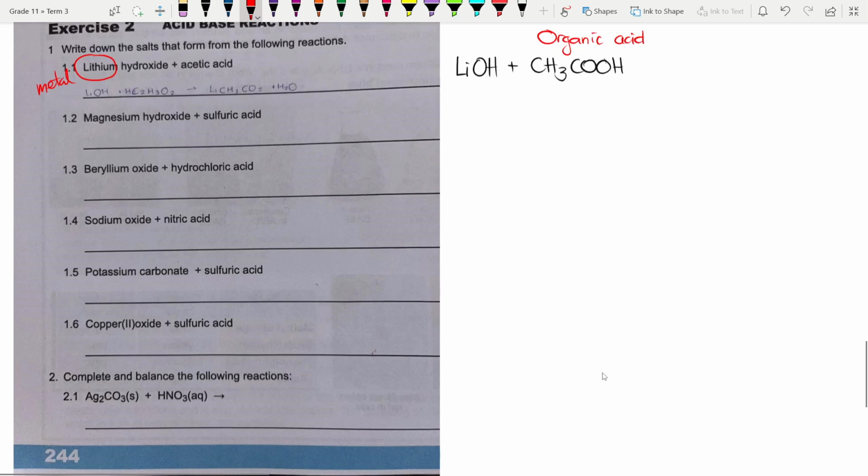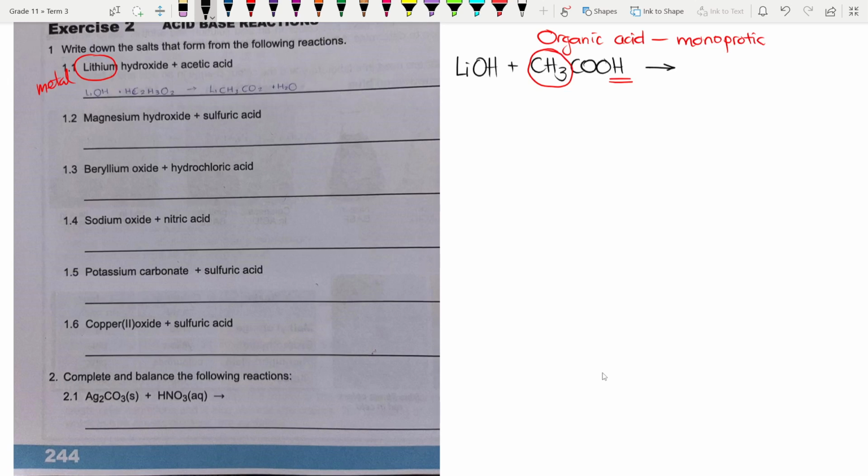What it's going to do is that it's going to be stingy with these H's that are inside the molecule, and it can only donate this one at the end. Does that make sense? Yes. So at the end of the day, this thing is a monoprotic acid. It's only going to donate one.